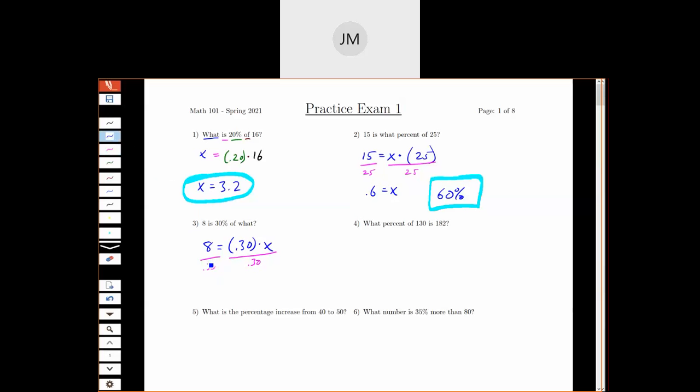So we take 8 divided by 0.3, and I get a repeating decimal. You could write 26.6 repeating, or write out a few of the sixes and then do the rounding like 26.667 or something like that, and those are acceptable.